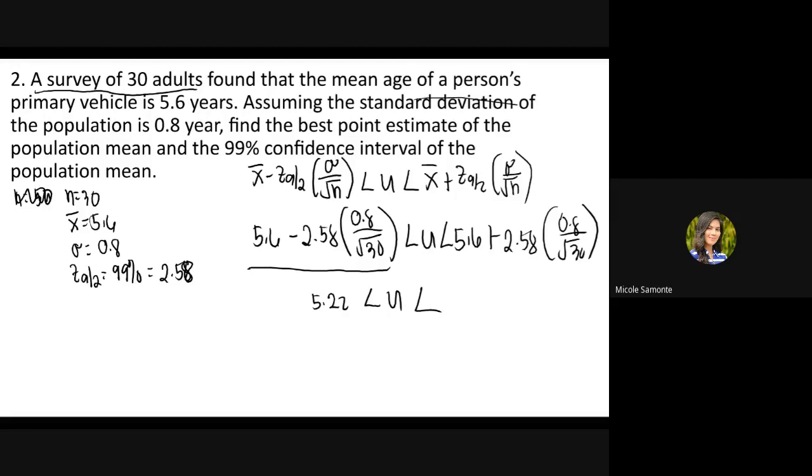Anong sagot? Yung nasa right side, itong 5.6 plus 2.58 times 0.8 over square root of 30.